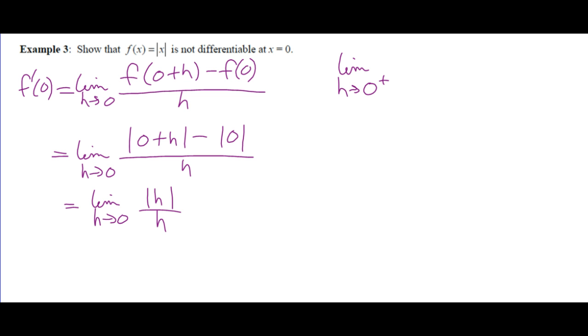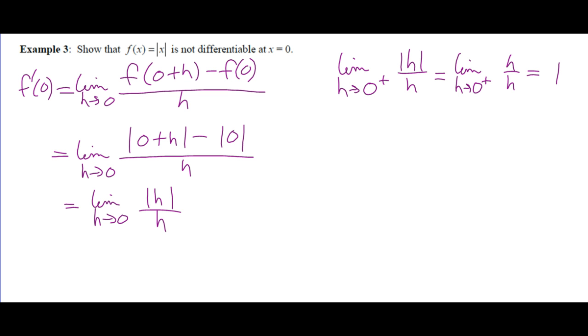Do I want to show the absolute value here? I don't think we need to. So limit, well, yeah, sure, let's do it. h over h is equal to 1, right? h over h is just 1.